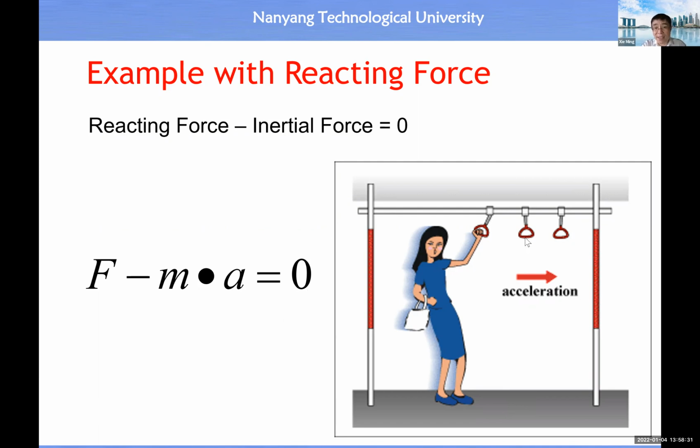And you will see the bus or the train will produce reacting force F. You see the person use a hand to hold the handle, then there is a reacting force received by this person. So when this equality holds, then the person will stand still. So this is a typical scenario for you to understand how come when the bus accelerates, our body will go together with the bus.